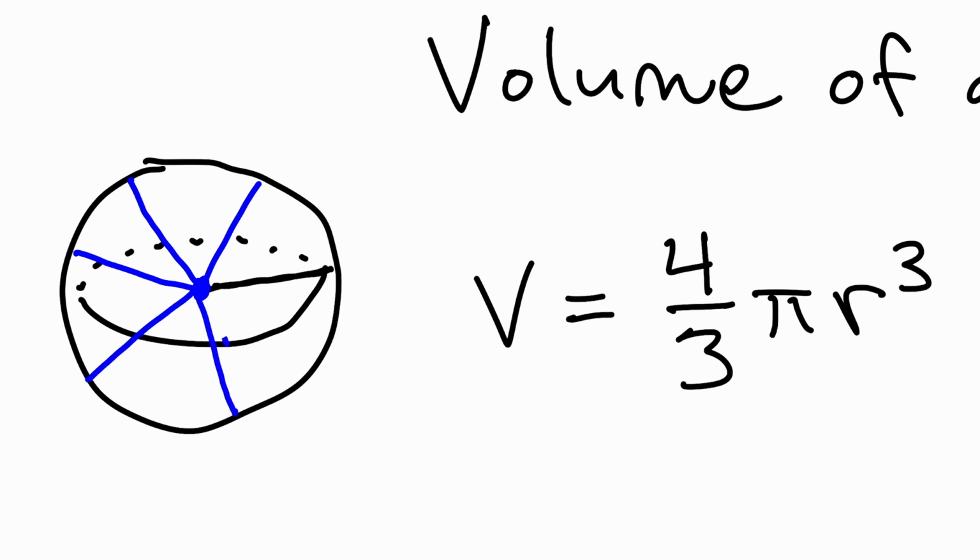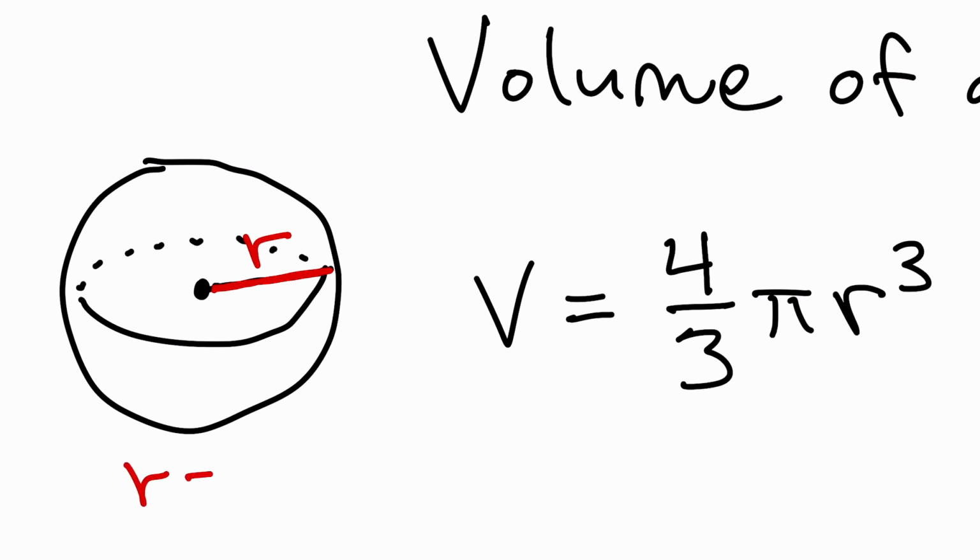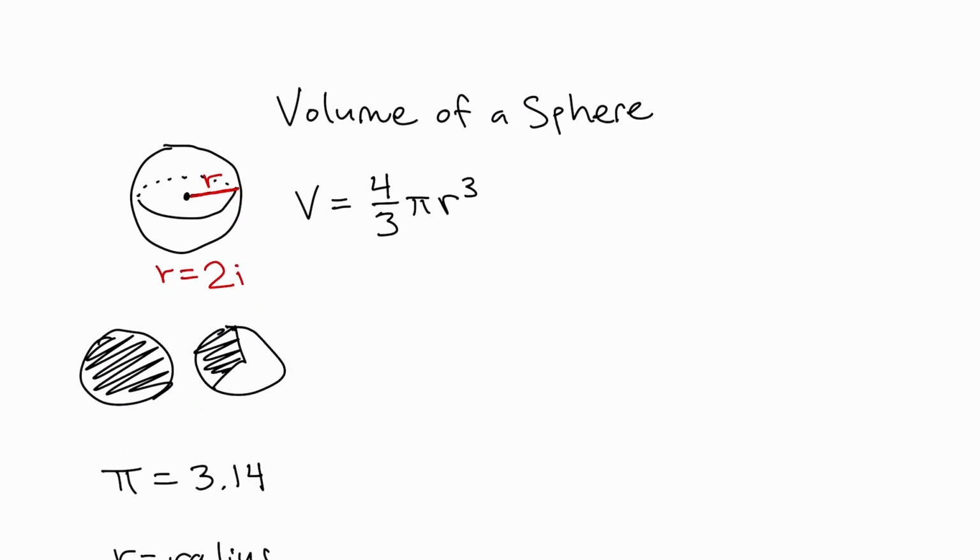So all of these lines could be r. Now that's kind of messy, so I'm going to clean up my drawing a bit, and we'll just focus on this line. And let's say the radius equals 2 inches.